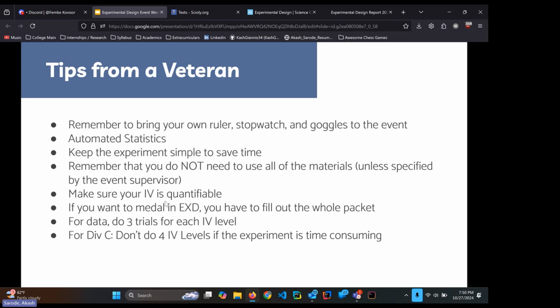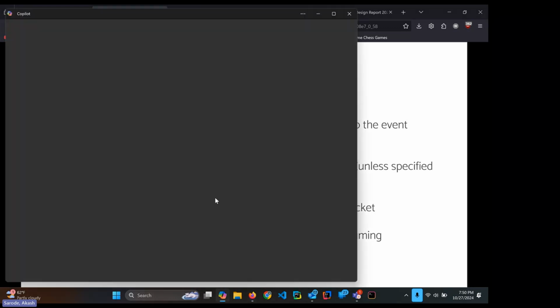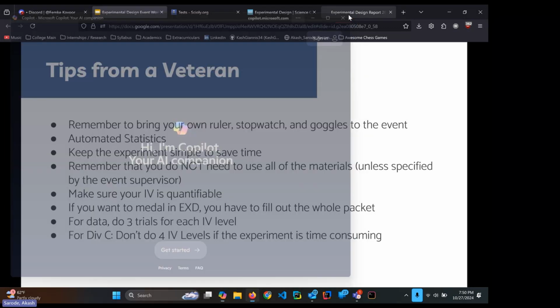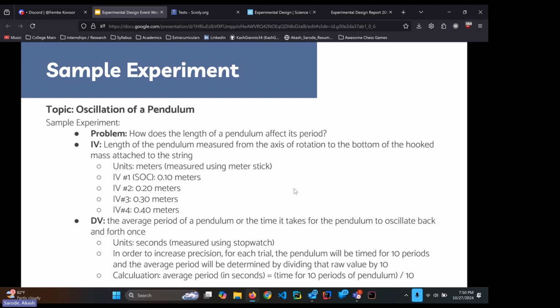Something else is you want to make sure that your IV is quantifiable. What I mean by that is you want your independent variable, your IV levels, to be some sort of number. Like in the pendulum experiment, the IV was the length of the pendulum, so it was a number value.